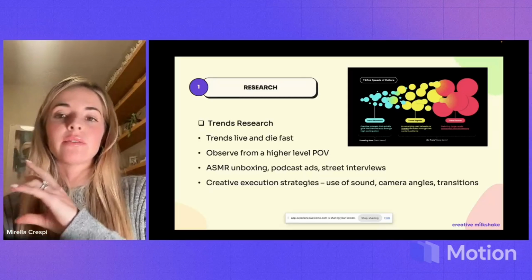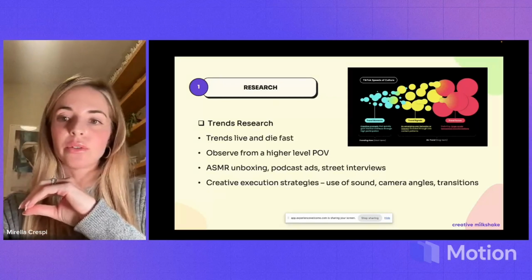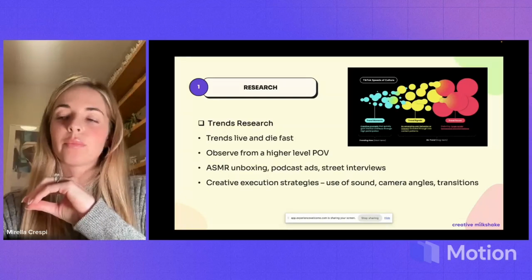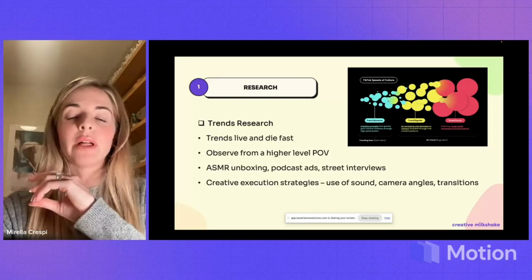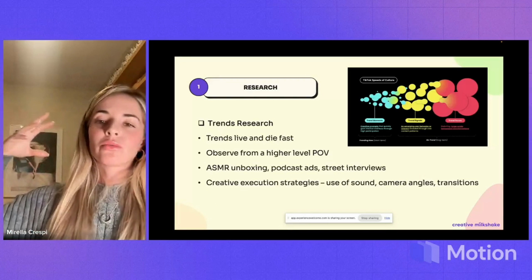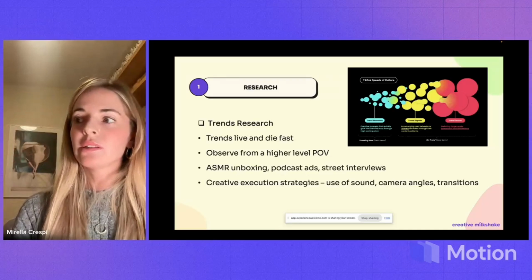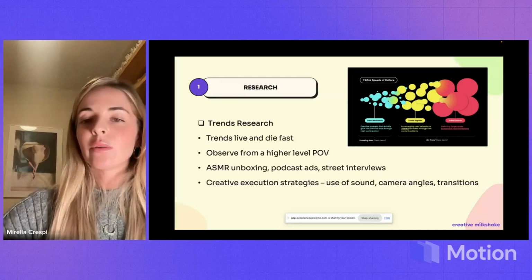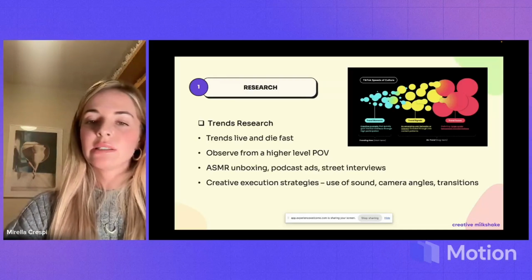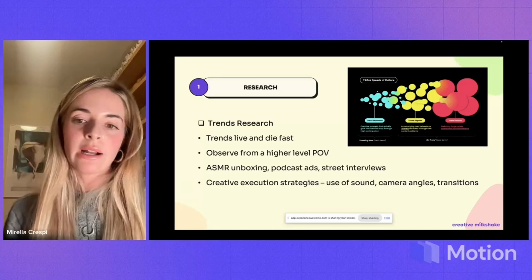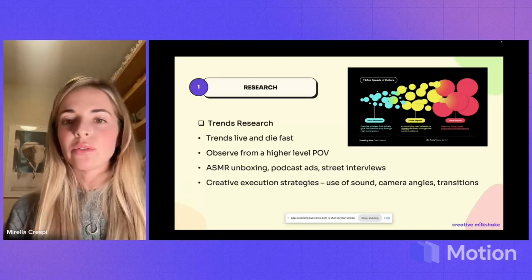These are larger scale behavioral changes that happen within the platform. And that's what you should really aim to understand, because you need to understand the language of the platform you're advertising in to really be able to create ads that are powerful, that feel native.